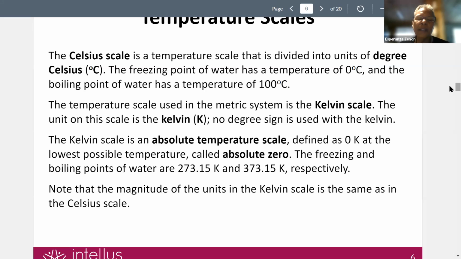It's actually based on something called a triple point, but we don't have to get into too much detail here about that. The main idea is that on the Kelvin scale, 0 Kelvin is the lowest temperature possible, and that's called absolute zero. And that's important because absolute zero is the temperature at which all molecular motion ceases, meaning the system has zero energy.